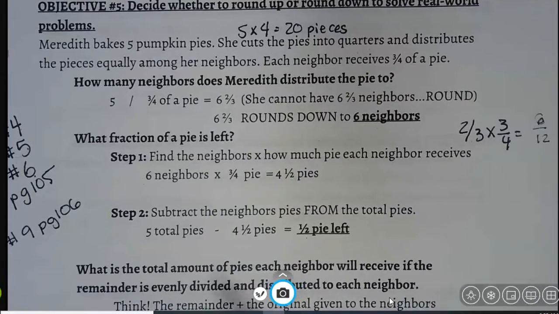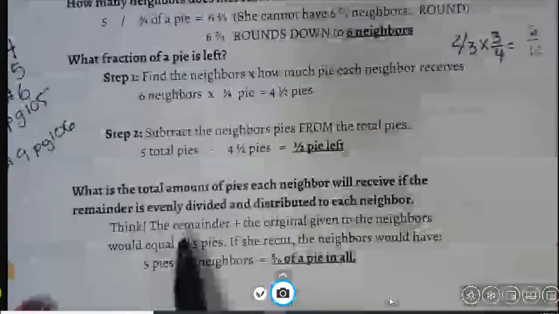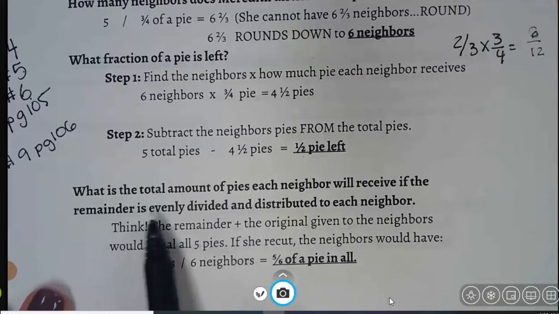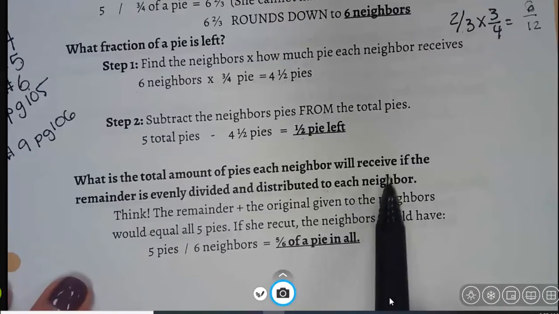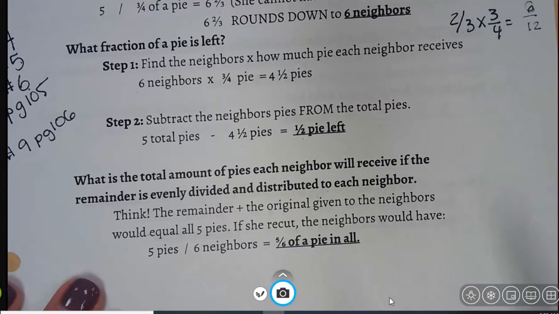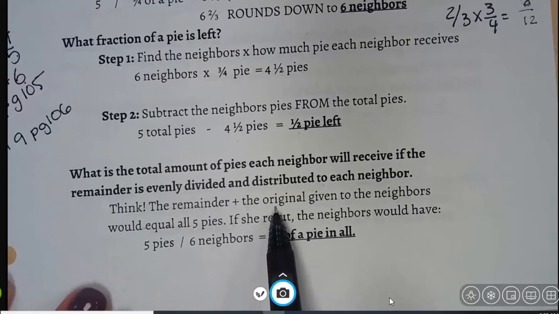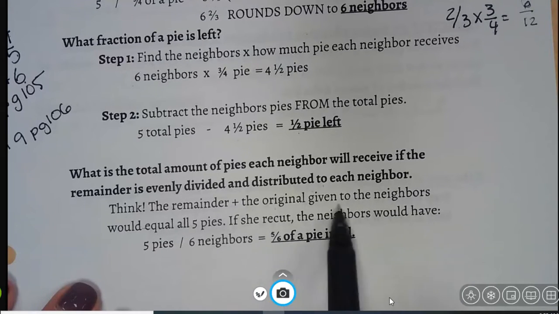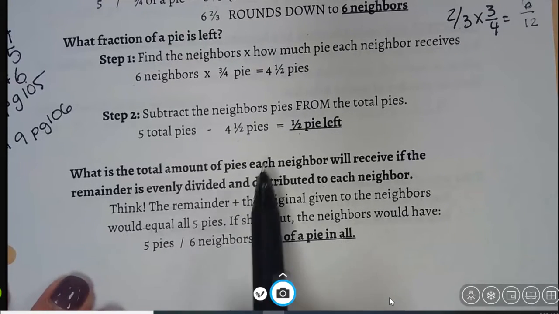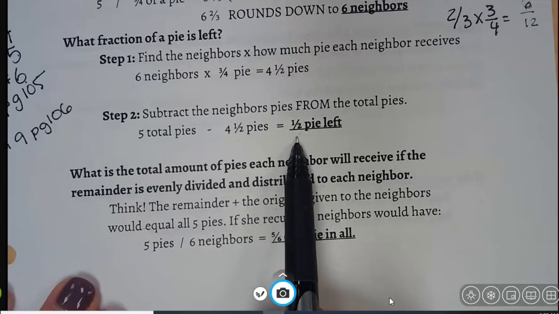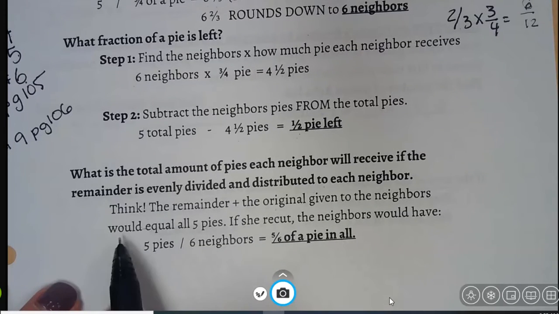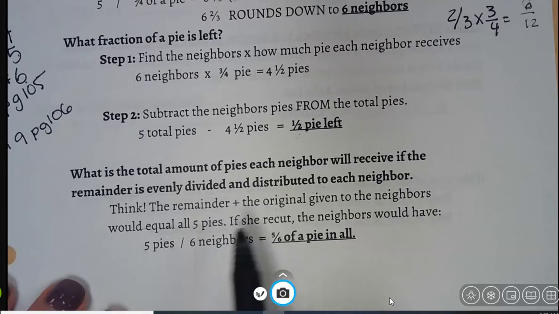And then what's the total amount of pie each neighbor will receive if the remainder is evenly divided and distributed to each neighbor? So remember, we had 6 neighbors. So the remainder of the pie plus the original is given to the neighbors. So we can't just split the half into 6 neighbors. We have to split the remainder plus the original given.